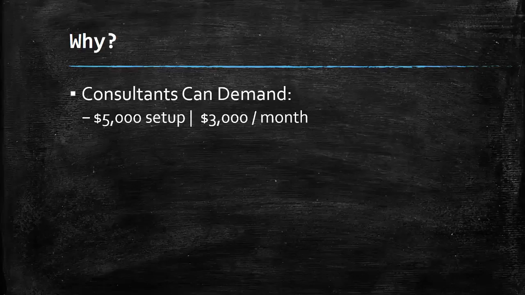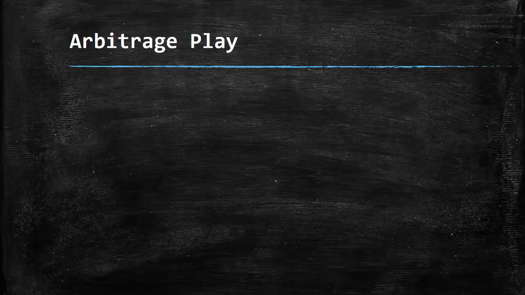Now, for this fee, you can do the setup, handle all the design, and produce content for them. Also, you could buy advertising, and that's where a good portion of your fee can go towards. So if you have a $1,000 a month budget, and you're charging $3,000 a month, then it's a $2,000 profit for you. This is an arbitrage play.